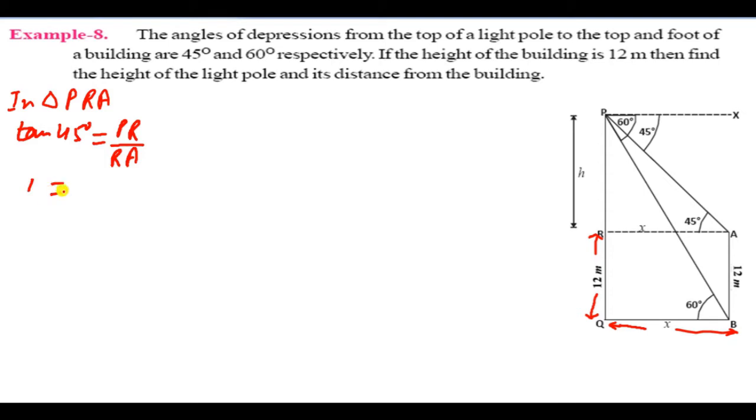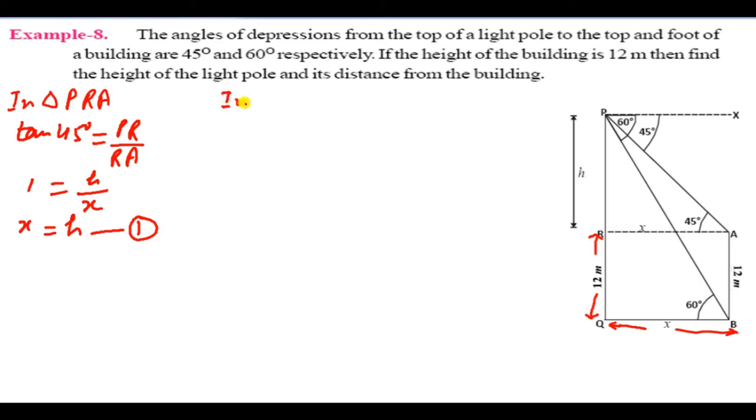So it is 1, PR is H and RA is X. So X is equal to H. So equation number first.